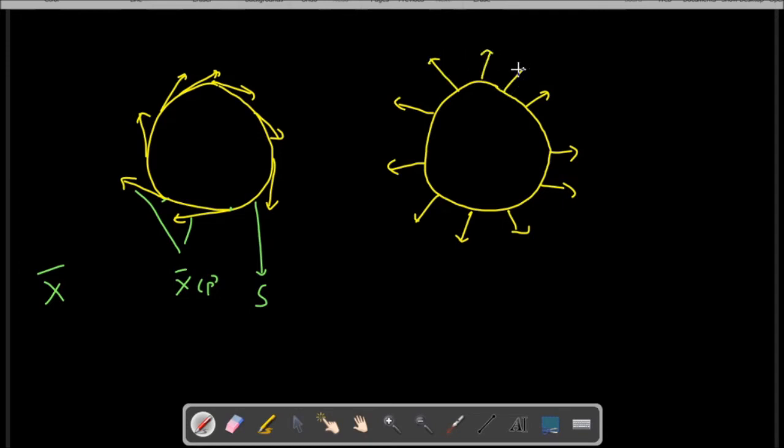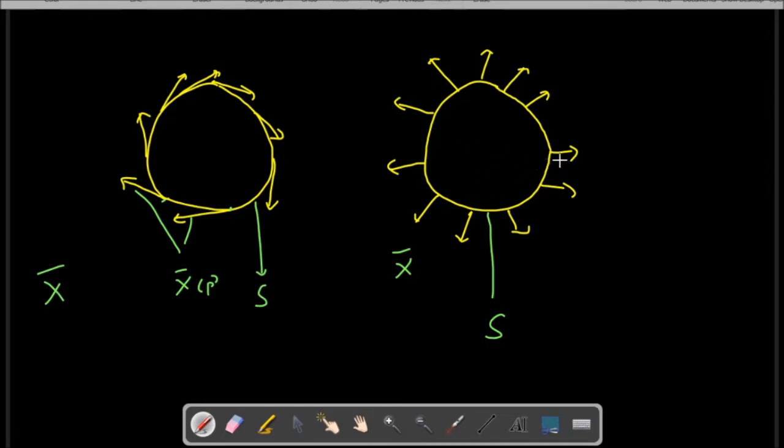These are normal vectors. So this is also on the n-surface S, and these vectors will form another vector field X bar. This is called a tangent vector field, and this is called a normal vector field on S.